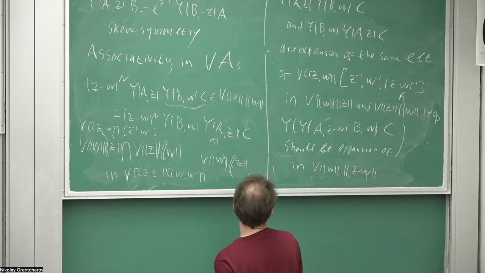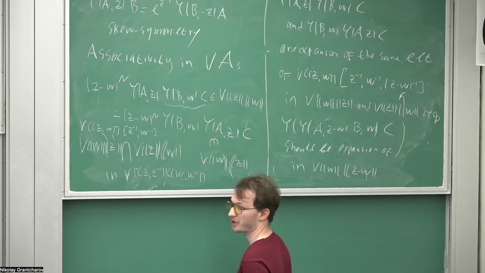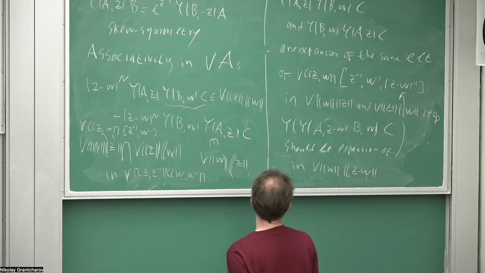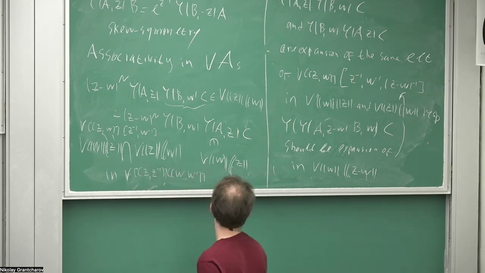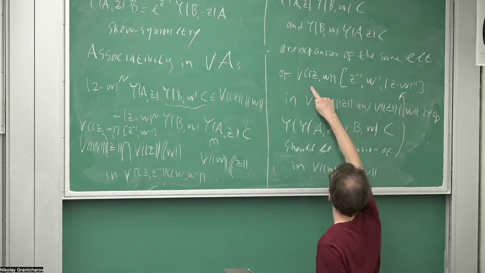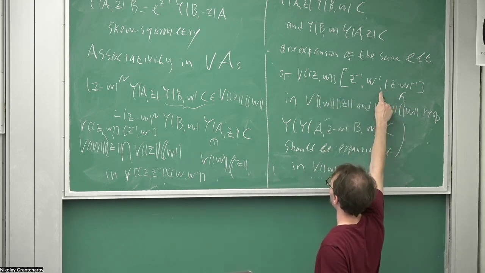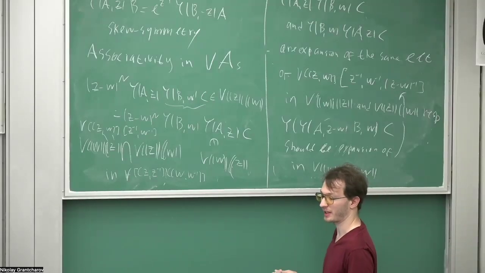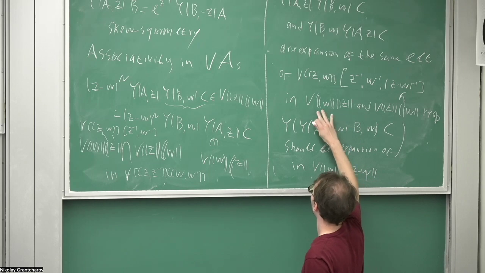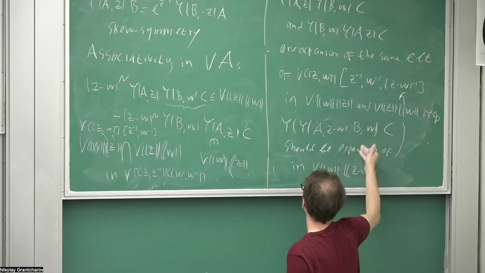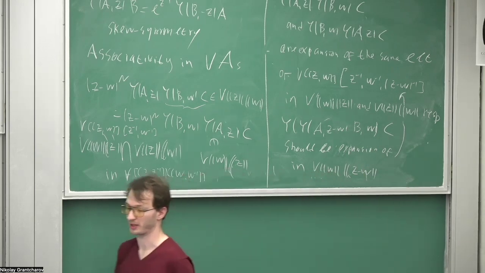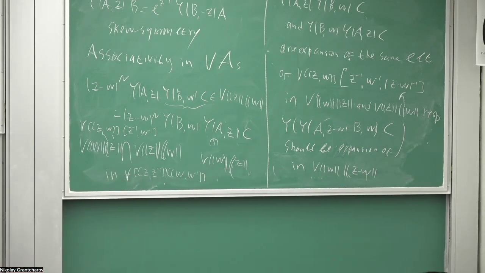So this is the associativity property of vertex algebras: you have three expressions, and all three of them correspond to the same element of this localized space, but expanded in different rings of w and z. So we take different expansions of w minus z in different regions.